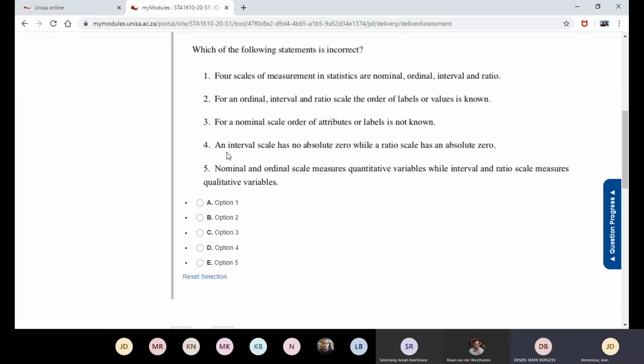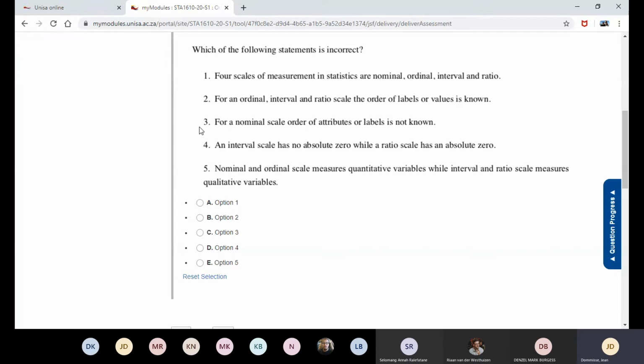This is really about definitions, and you can't quickly go to a book to look up all the nominal and ordinals. I'm looking at my notes here. It says interval, no absolute zero. Yes, that's right, so that one is correct.